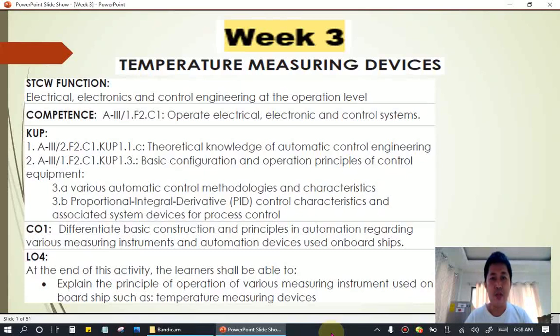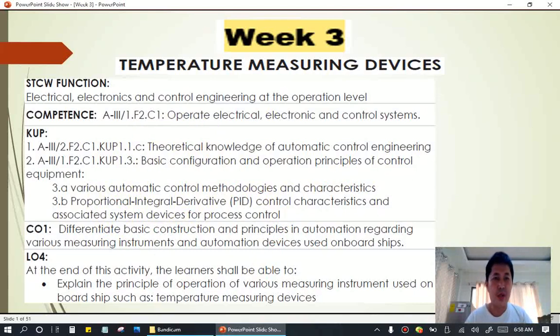Today I am going to discuss the topic temperature measuring devices, for week 3, for the subject Auto 1 or Automation 1. So just read all of these table of competence.